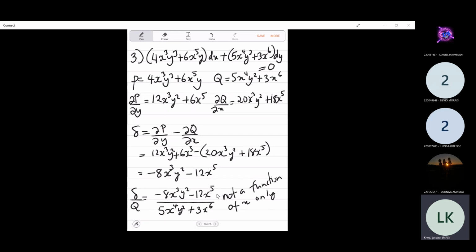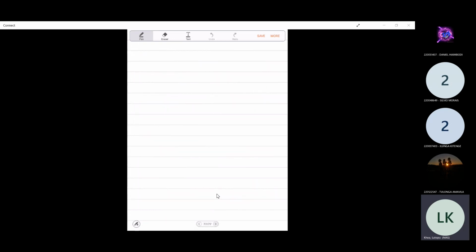So we have to try delta over p. So delta over p, this is equal to minus 8x cubed y squared minus 12x to the power of 5 divided by 4x cubed y cubed plus 6x to the power of 5 y. Now in the numerator we can factor out -2.